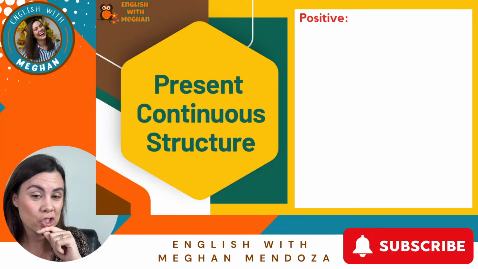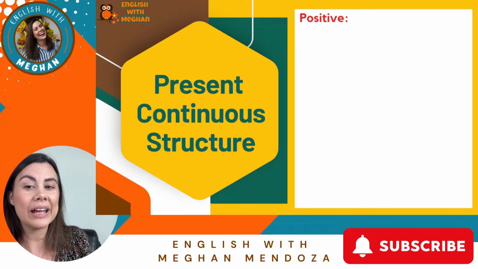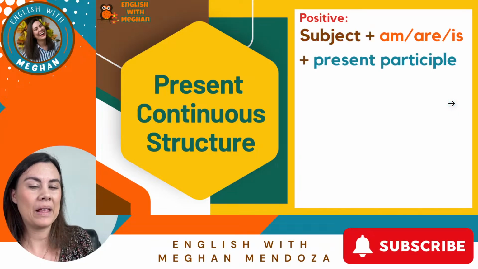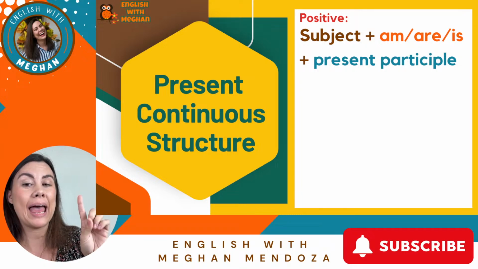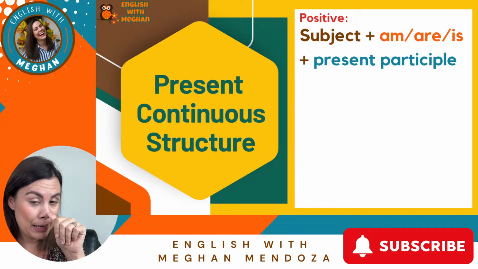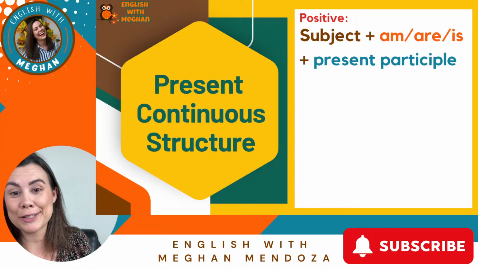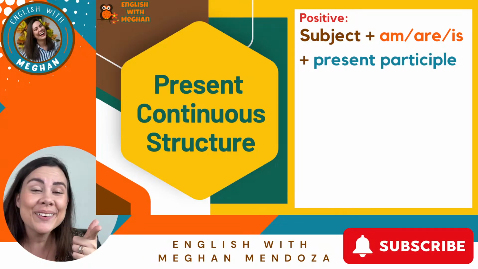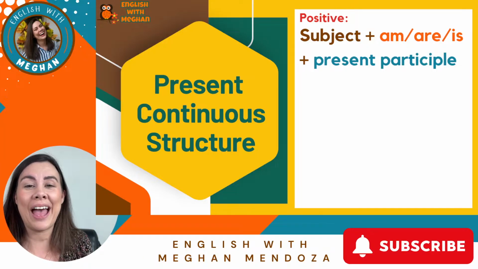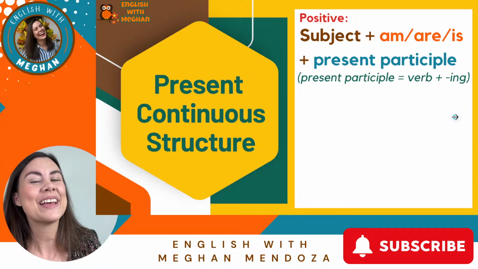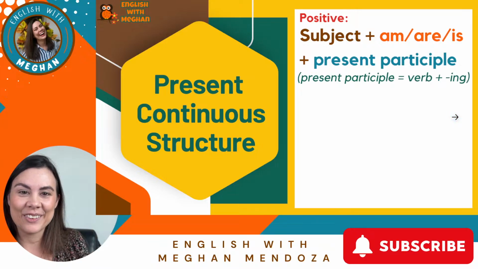So our structure here is present continuous. Here we have it. Subject plus am, is, or are plus the present participle. What the heck is present participle? Good question. I'm so glad you asked. You probably know it as verb plus ing, right?